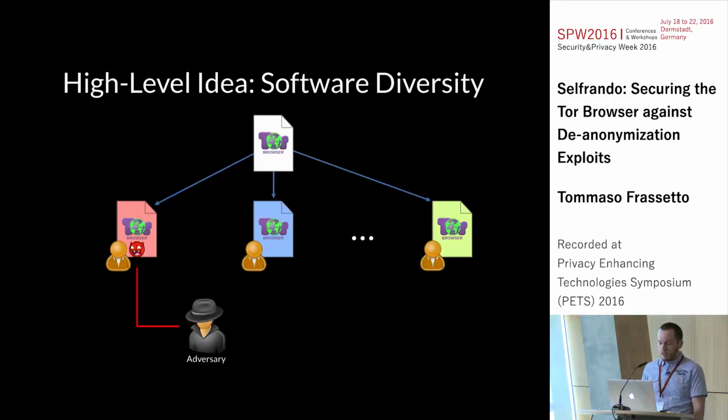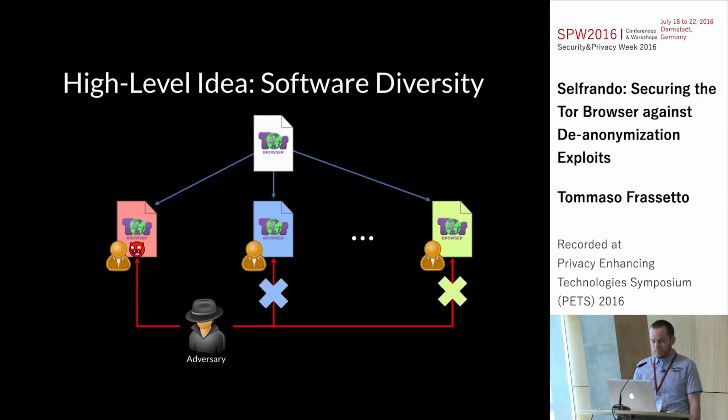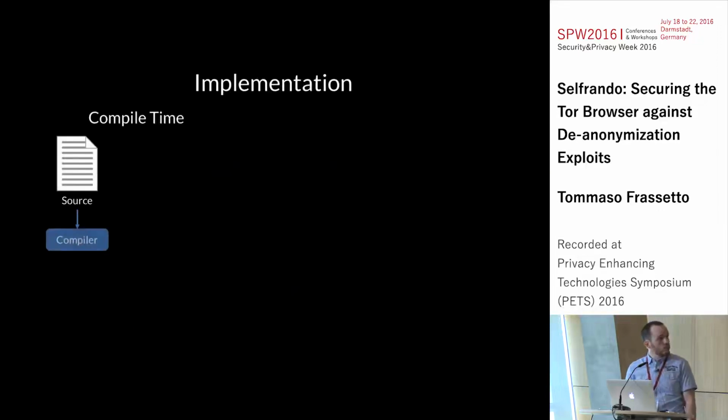And even if the attacker is able to attack one of them, it is not able to attack the other ones because they look different. Let's now take a closer look at the implementation. As we mentioned, we have an unmodified compiler that reads the source files and produces object files.